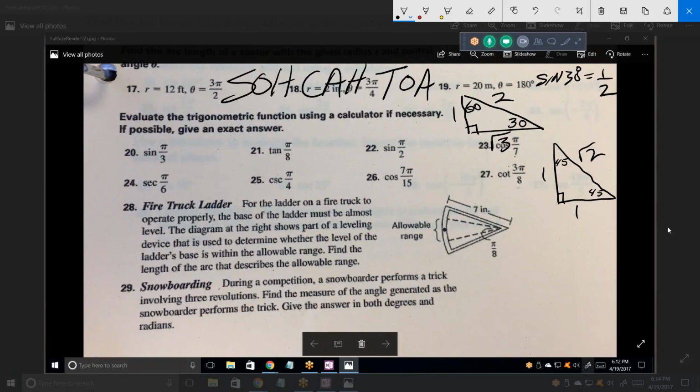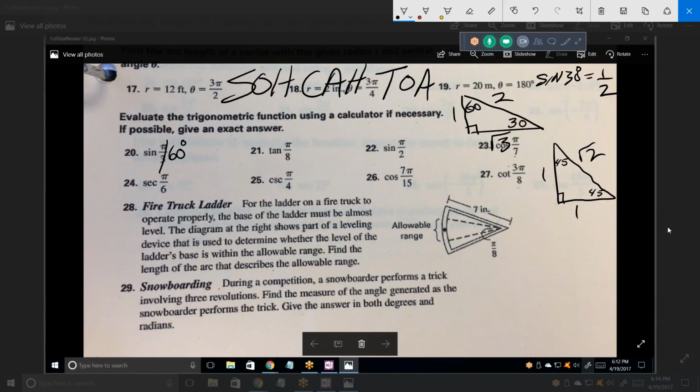Now, what angle is number 20? It's not 30 degrees. Let's convert that to degrees. What do the degrees times the denominator have to multiply to? 60. So pi over 3 is the same as 60 degrees.